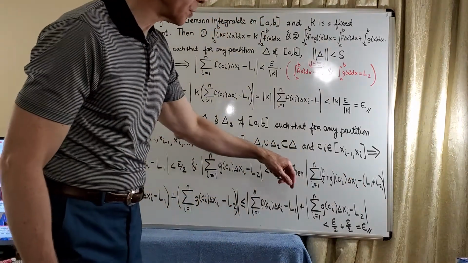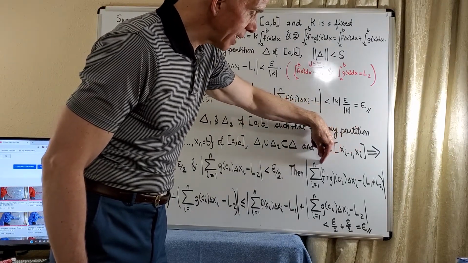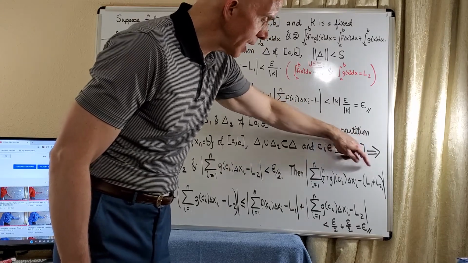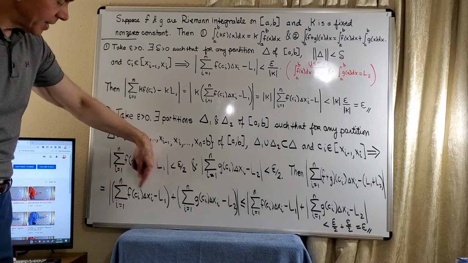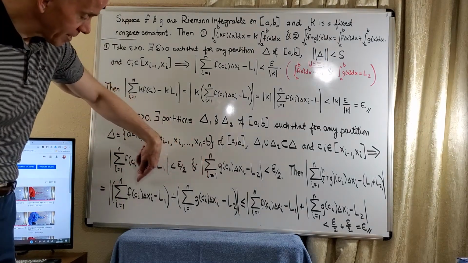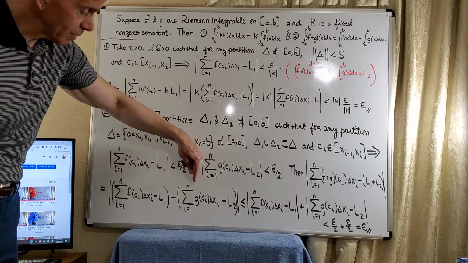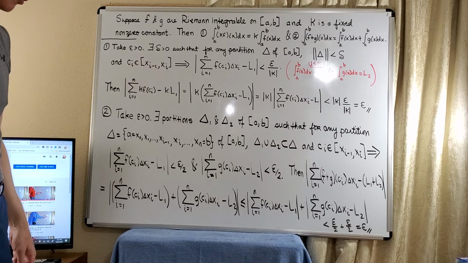So what we're going to do is we're going to break up the sum and connect the Riemann sum of f with L1 and connect the Riemann sum of g with L2 as we've written here. So we've got the difference with the Riemann sum of f with L1 and the difference with the Riemann sum of g with L2, just like we need in the definition of the Riemann integral.